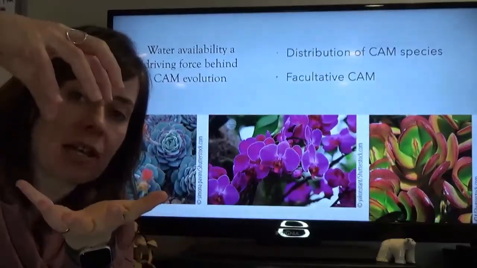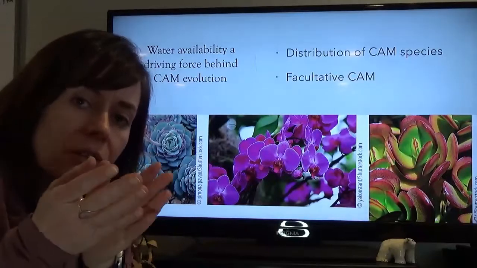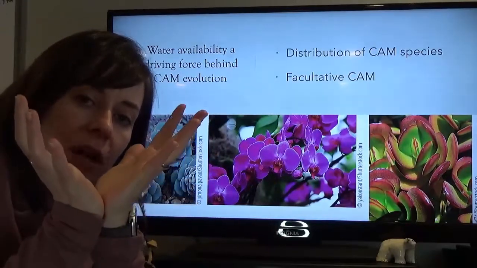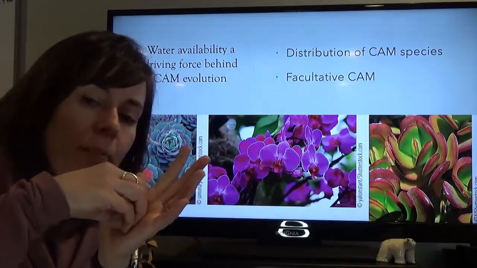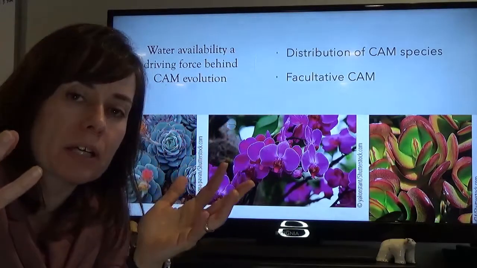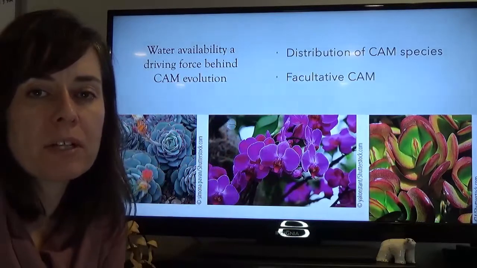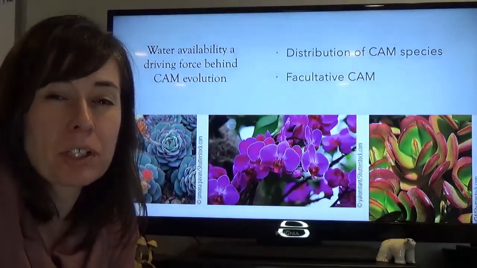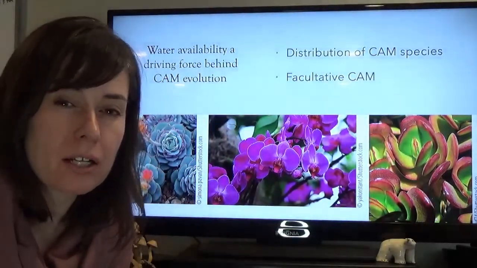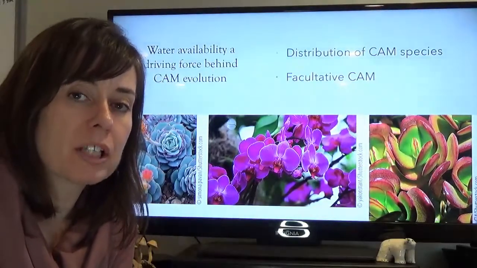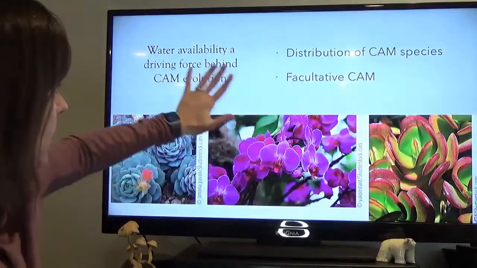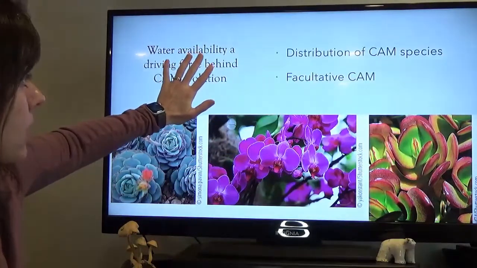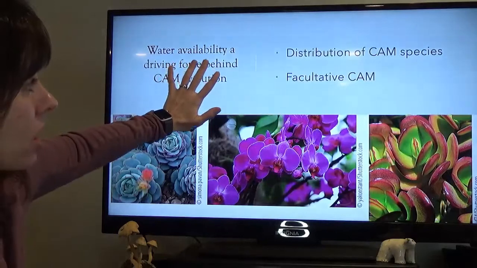And epiphytic species grow and are rooted in little thin humic layers in the branches of tropical trees, way up in the canopy. So these are environments that are not necessarily exceptionally hot, not hot like desert hot, but are very water limited. So that's one line of evidence that suggests that CAM evolution was in response to water limitation.